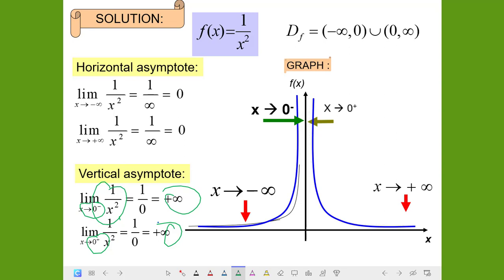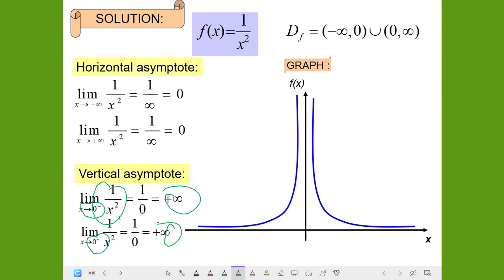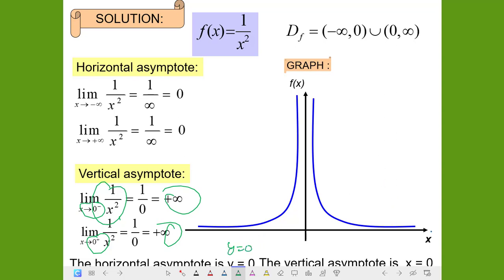The horizontal asymptote is y is equal to 0, and the vertical asymptote is x is equal to 0.